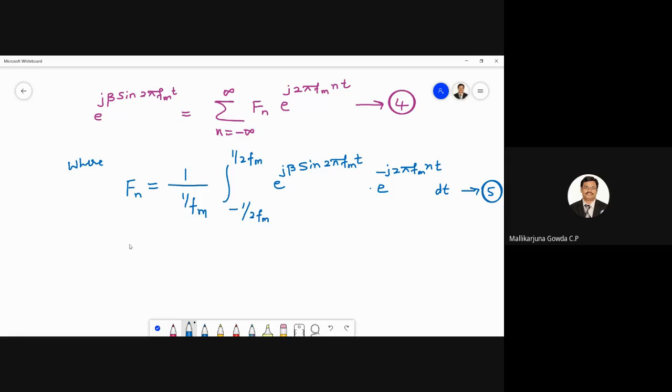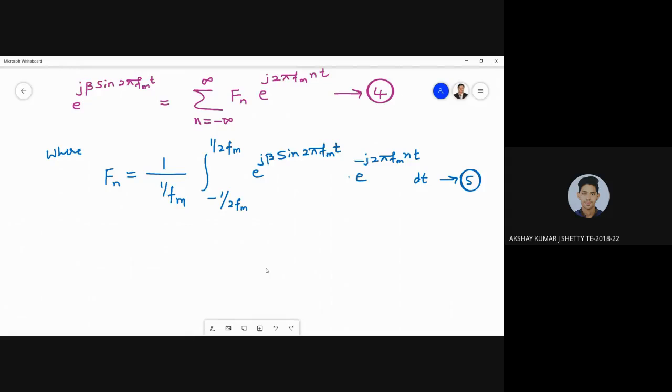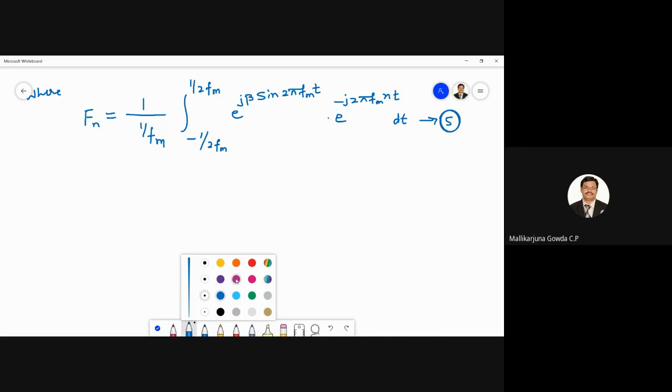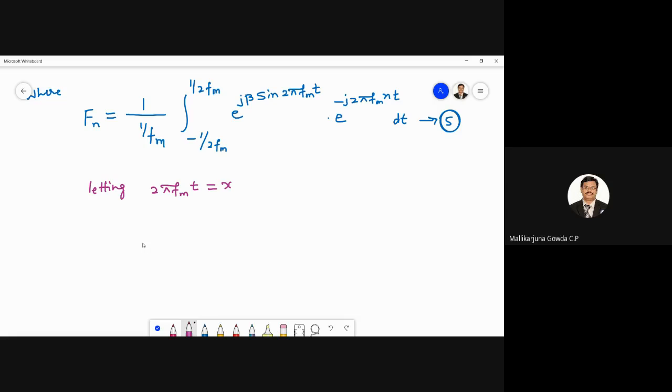Is it noted? Shall I scroll up? Now, by letting 2 pi fm t equal to x, what can I rewrite equation 5 as?